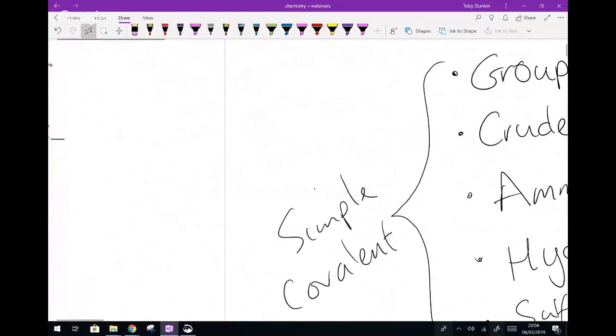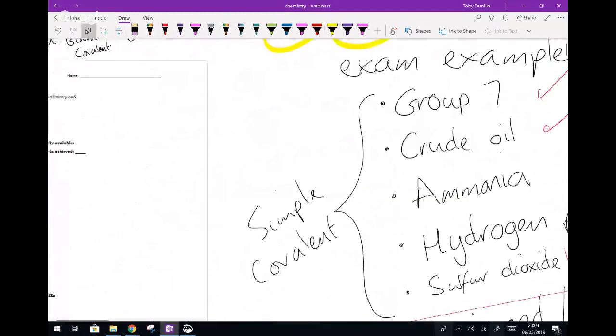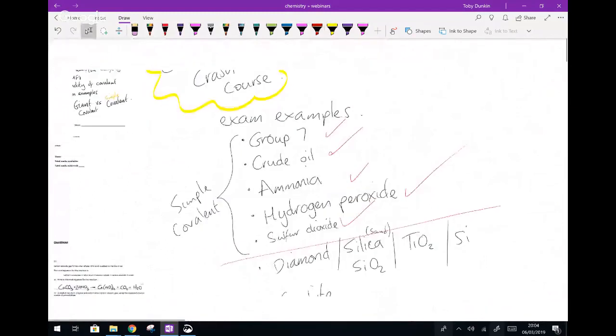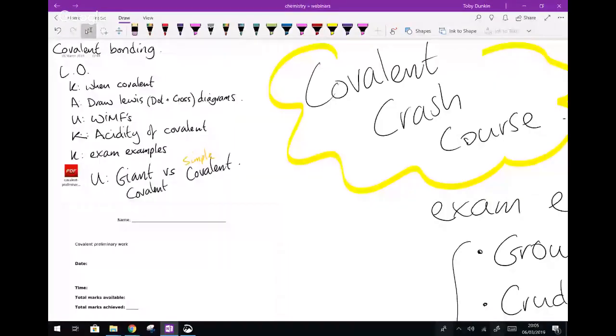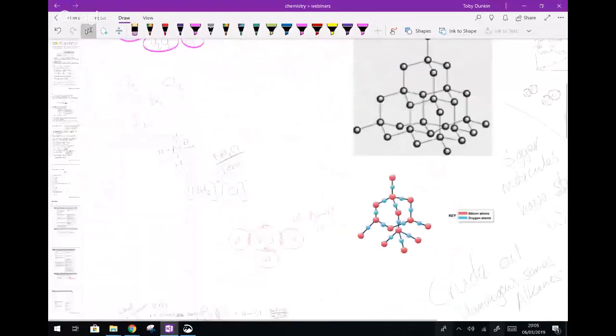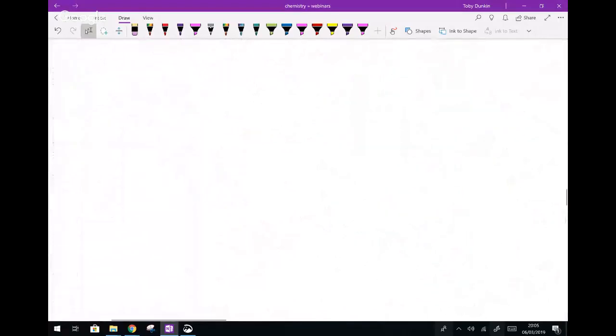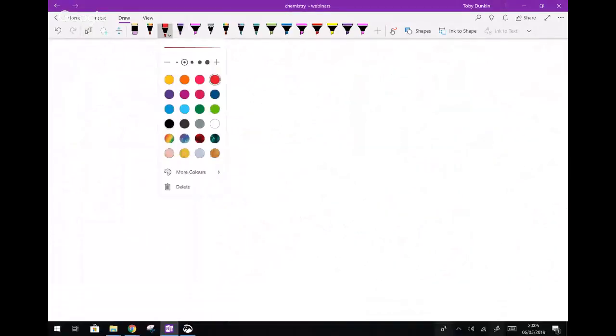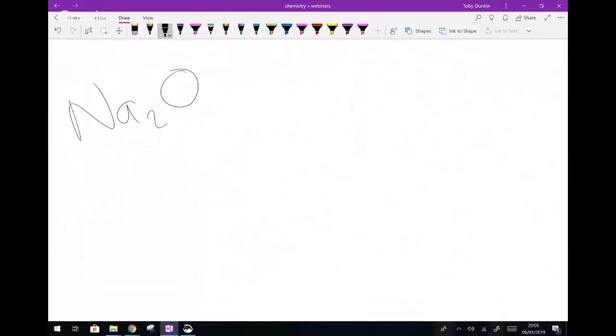Right, let's have a quick look at learning objectives. Okay, acidity. It's a good idea. I just need to mention this. We know that this comes up quite a bit, and it's important, so I put it onto my learning objectives. So we learned that if you have some oxide and they ask you for its pH, and the answer is going to be high, why?